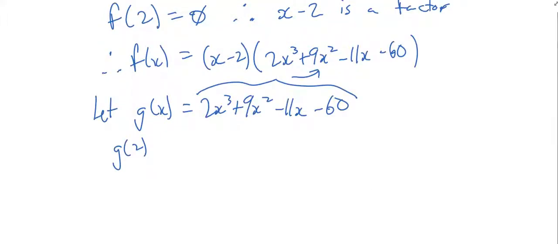So if I was doing it in my head, I would go 2 times 8 plus 9 times 4 minus 22 minus 60. Negative 30, didn't work. So no good. And I think g at negative 2 doesn't work either. I'm going to jump to 3 because I think it's 3. 2 times 27 plus 9 times 9 minus 33 minus 60.